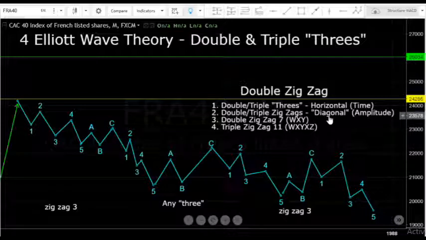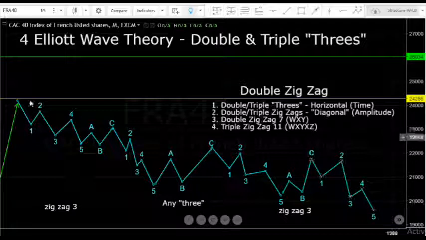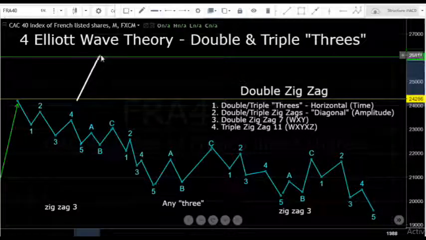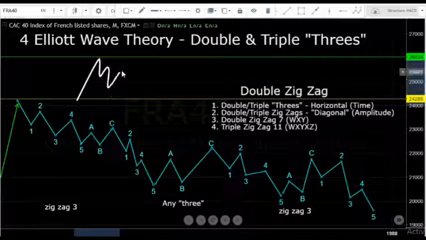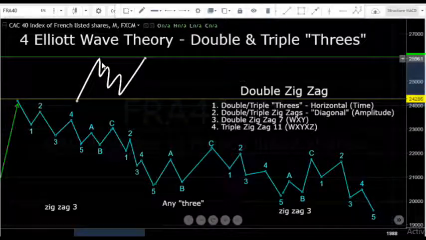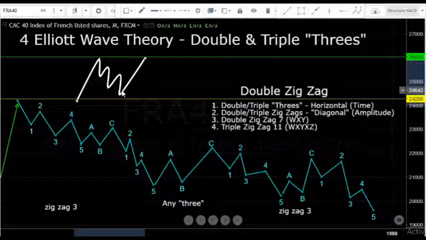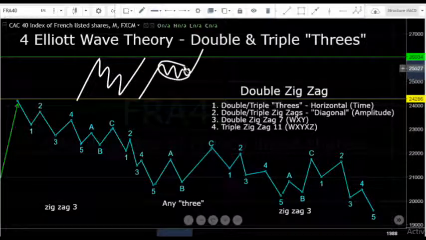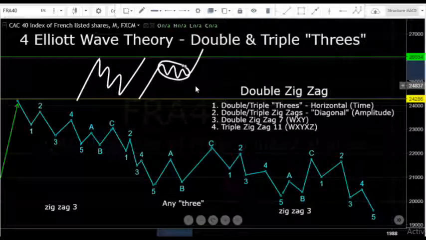Whereas with a diagonal, the shape of a double zigzag is more of a diagonal shape. Do you remember this shape, guys? If it comes deep like that, the chances are it's a double or triple zigzag. And if it looks more like this, the chances are we've got a double or triple 3 or horizontal.